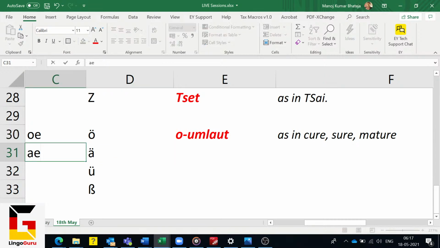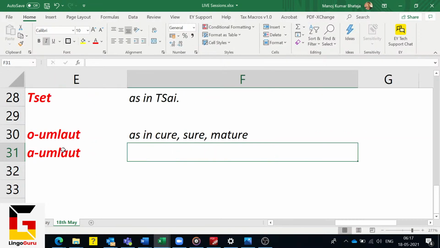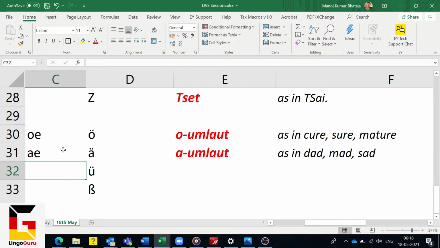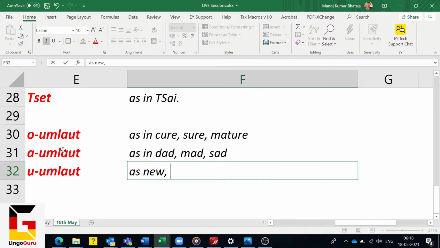Similarly, you can type it as AE, and it is known as A umlaut, a sound as in dad, mad, sad. And this you can type as UE, and it is called U umlaut, a sound as in new, screw, few.